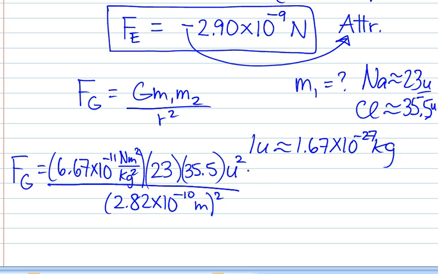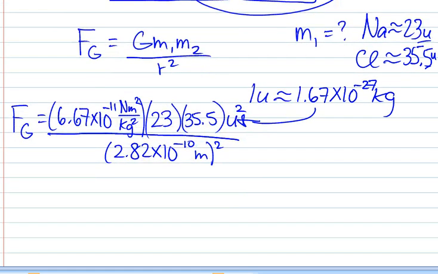Okay, now u right here is 1.67 times 10 to the negative 27th kilograms.